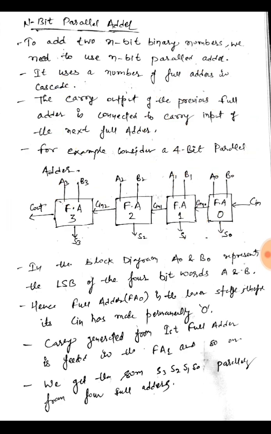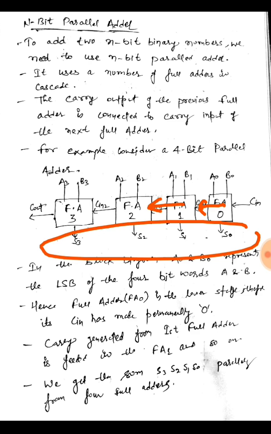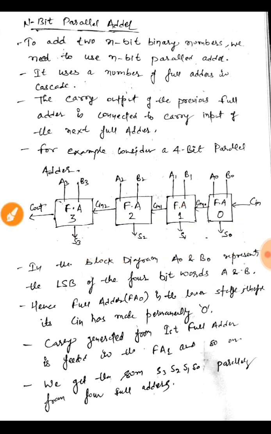So this is how I will get the sum bits in parallel, whereas the carry would be fed from one to another in series. So in this block diagram, A0 and B0 represent the LSBs of the 4-bit words A and B, that is least significant bits.